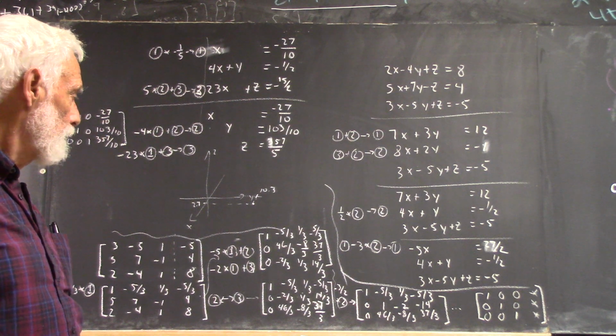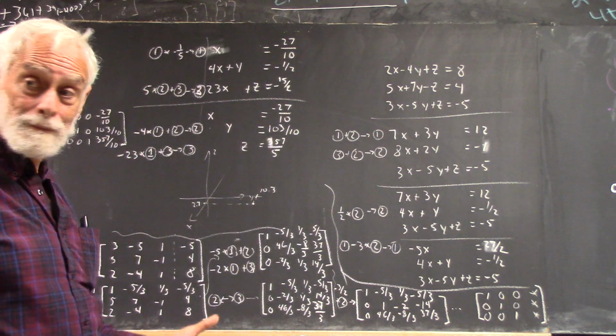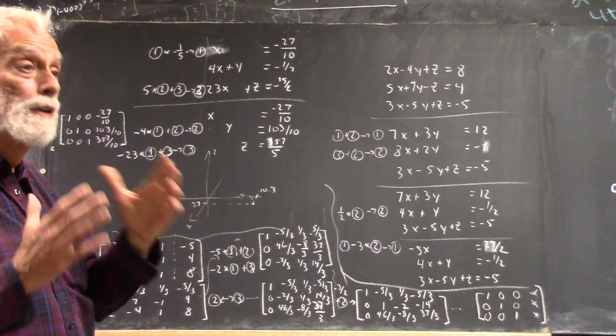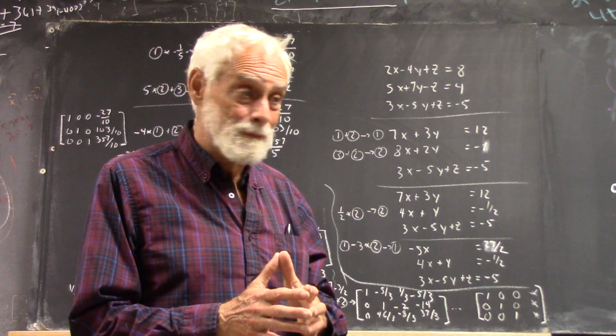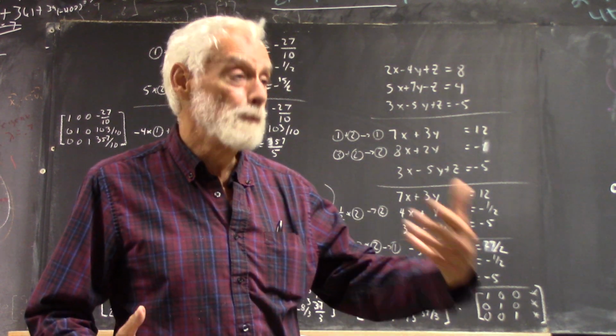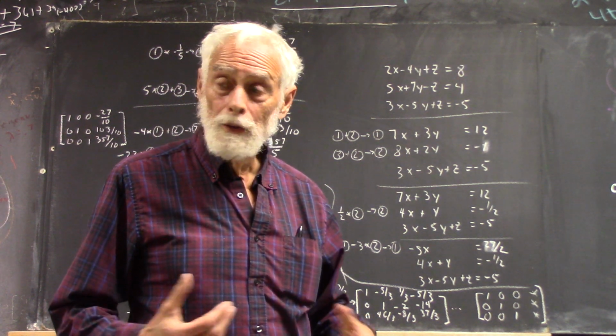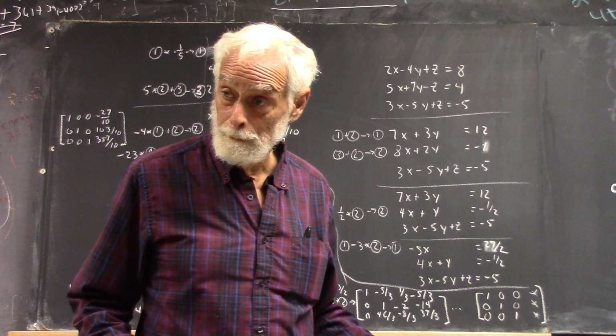Now, you understand that everything I do here, I'm really just doing to the whole equation. And all I'm doing is what? Adding 2 equations, or multiples of the 2 equations. Multiple of this plus a multiple of this. And usually the multiple of one of them is just one, because of the way I'm doing this, okay?